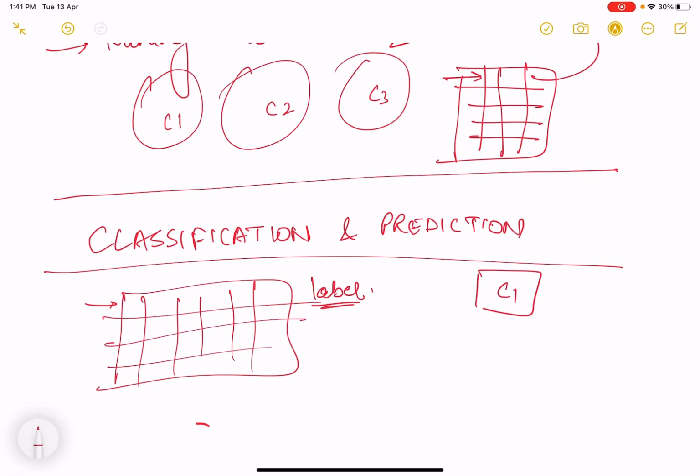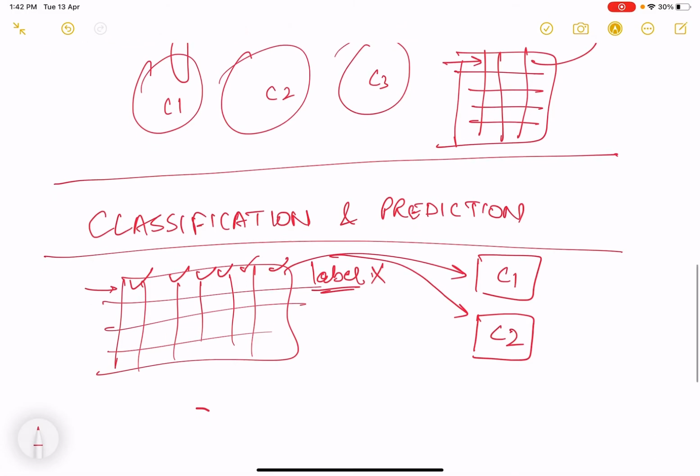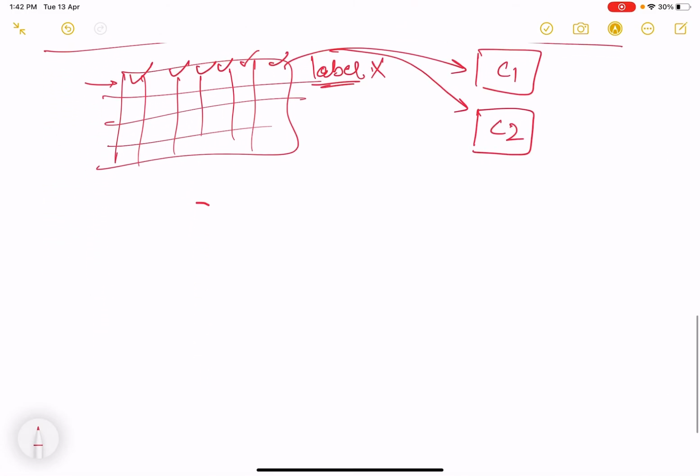Suppose there is class 1, class 2. Now we do not have any label. Now using its features, we will identify whether it will belong to class 1 or class 2. So this kind of problem is called a classification problem.